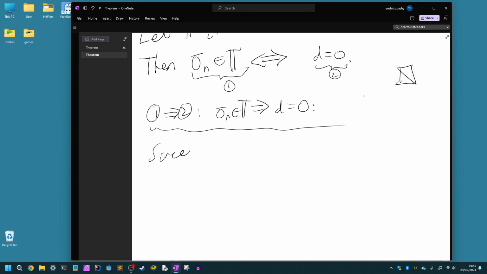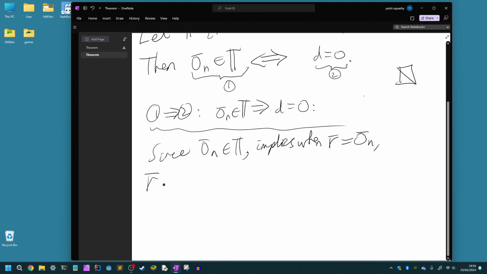Since 0_n of the set pi implies r equals 0 and r dot n equals d holds true.